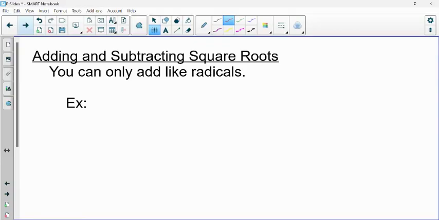And so we'll talk about what that means in a second. That's an example of like radicals. Both the radicals are the same.